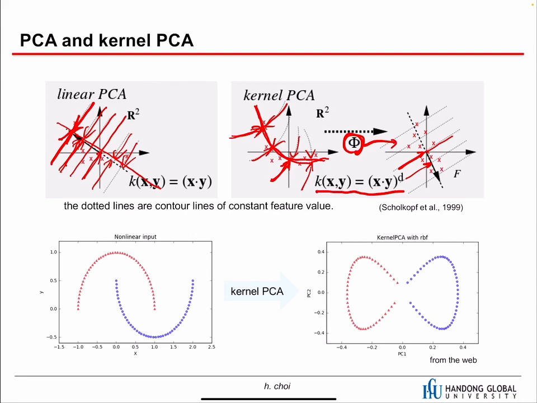Okay, and apply PCA on the feature space. And in PCA algorithm, instead of covariance matrix, we have inner product matrix. So we need the inner product in the feature space. Okay, so instead of applying the feature mapping function and the inner product, we just use the kernel.